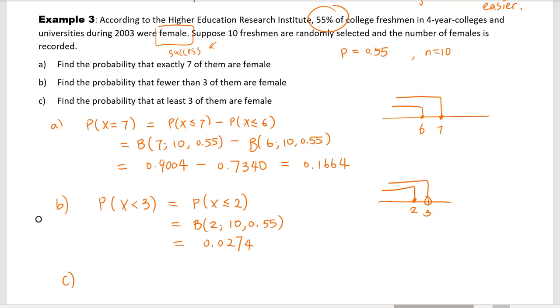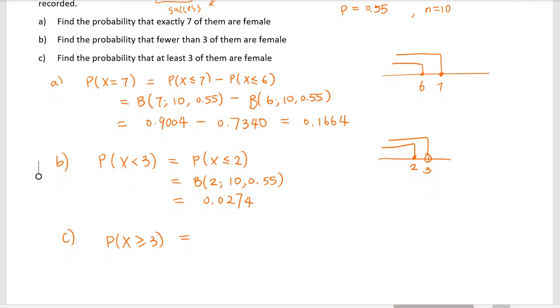Part C, find the probability that at least 3 of them are female. At least 3, so x greater than or equal to 3. Remember the CDF is less than or equal to, so when you see greater than or greater than or equal to, think about the complement first. The complement of greater than or equal to 3 is less than 3, and less than 3 is less than or equal to 2.